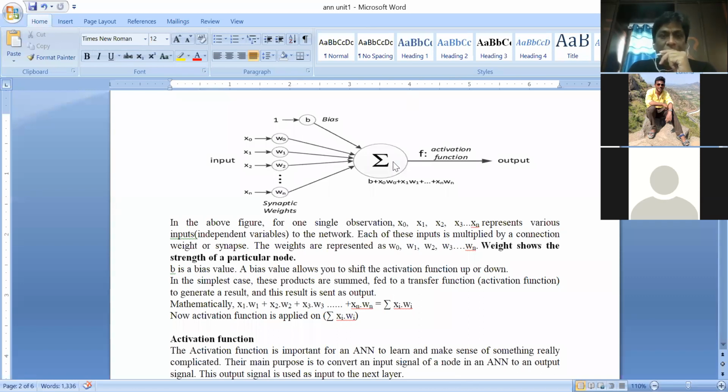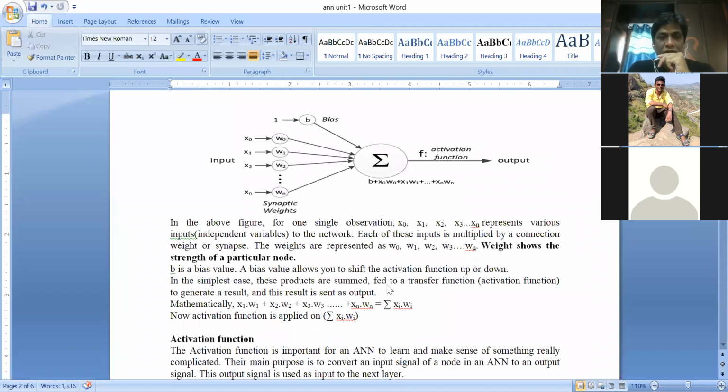Okay, done. So the strength of a particular neuron is calculated by using summation xi into wi, and also there may be a special input signal connected to every neuron, which is called bias, to correct the value produced by your neuron. Right. So this is common. There may or may not be a bias. It depends on the requirement.